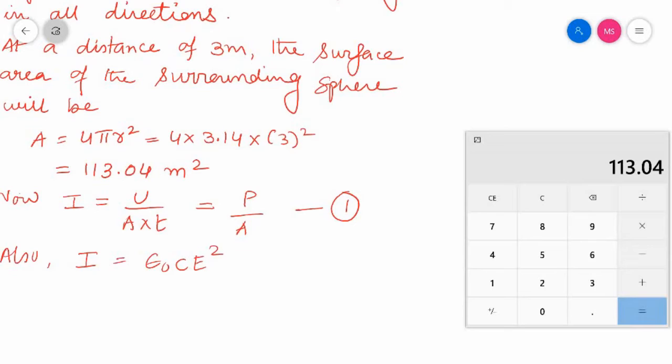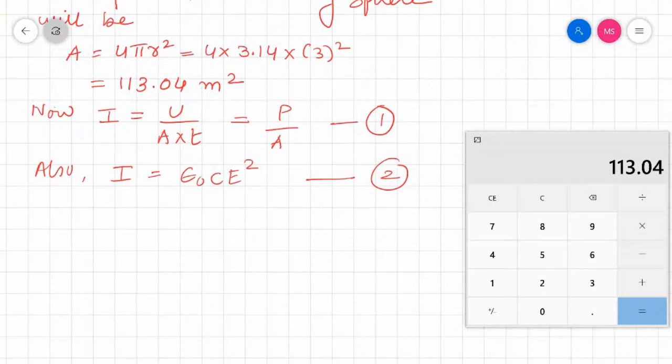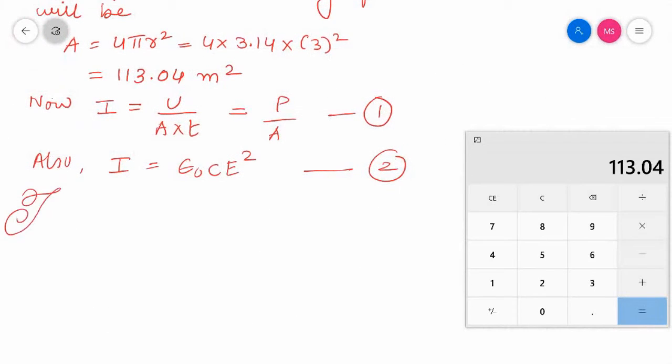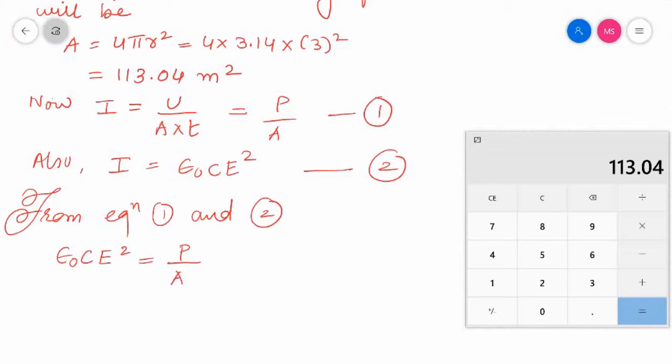Remember, we want to find electric field, so epsilon naught c E square. Let this be equation number 2. So comparing equation 1 and 2, epsilon naught c E square will be equal to P by A. This implies that E square will be equal to P over A into epsilon naught into C.